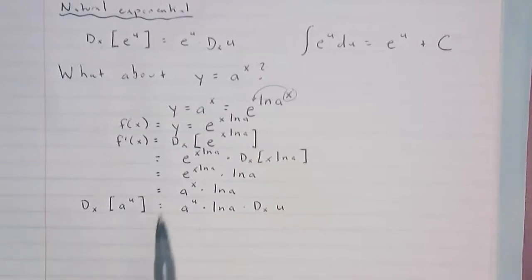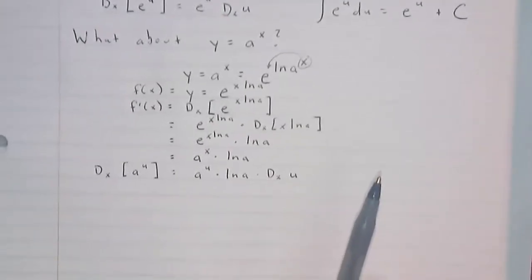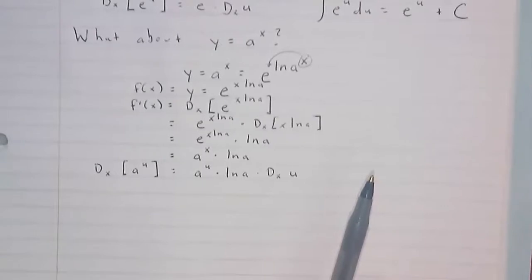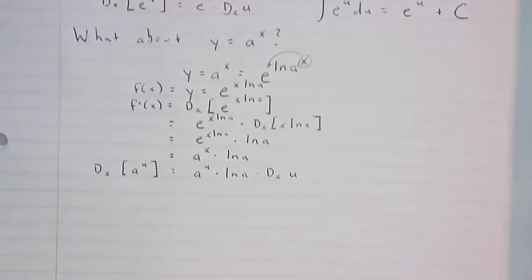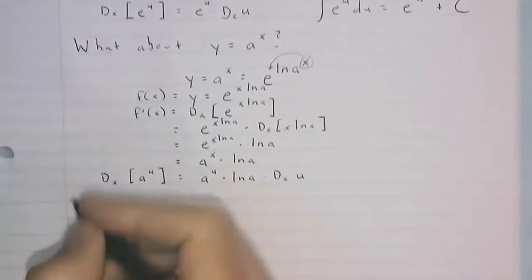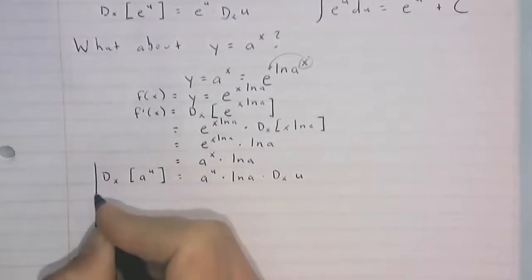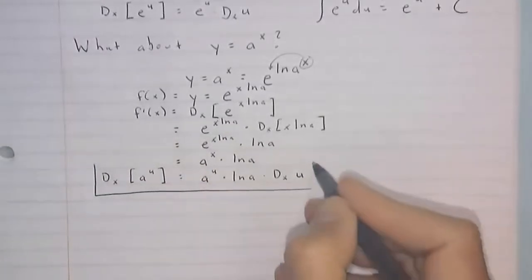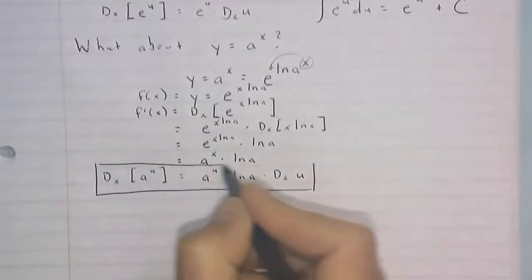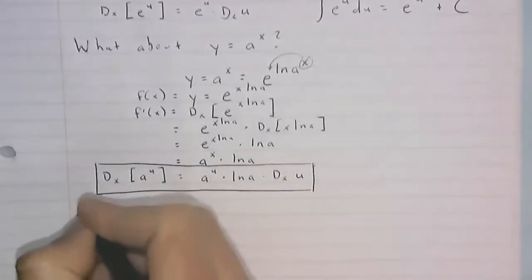Whoa. So let's see an example out in the wild. What are we going to do? Example 1. It's a good enough place to start. Probably box this up. Probably box that up. Example 1.